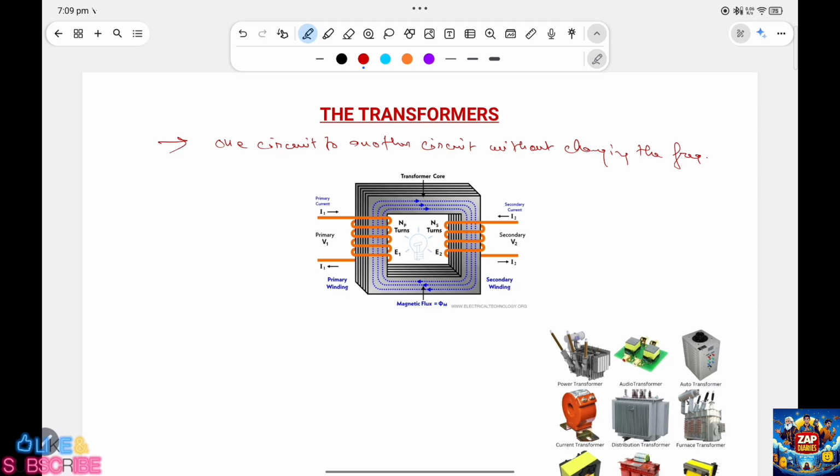And this transfer is done by a term we call mutual induction.